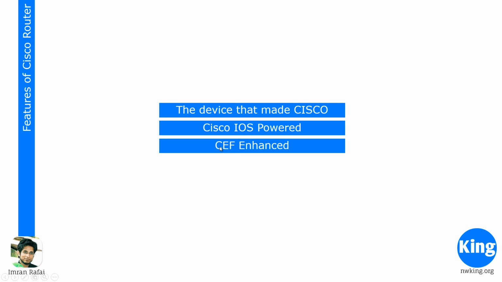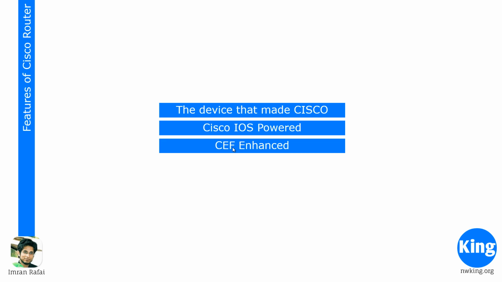CEF stands for Cisco Express Forwarding. A switch forwards packets very fast, almost at line speed. Why is that? That's because Cisco has a hardware chip called the ASIC. We learned about ASIC, application specific integrated circuitry. Because of that, a switch moves or forwards packets almost at line speed.